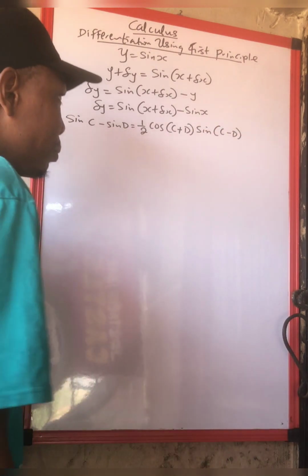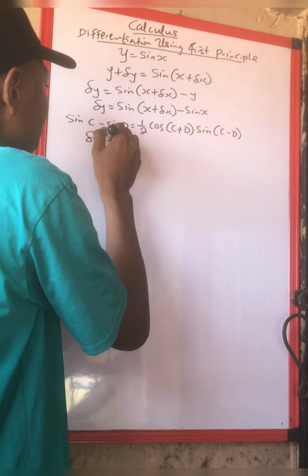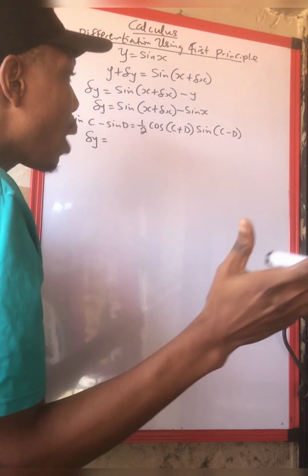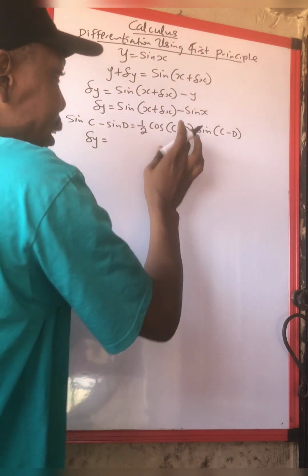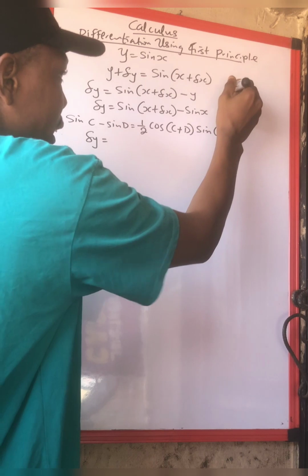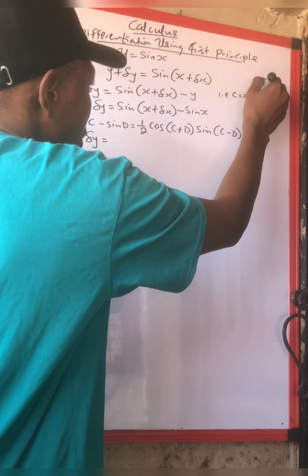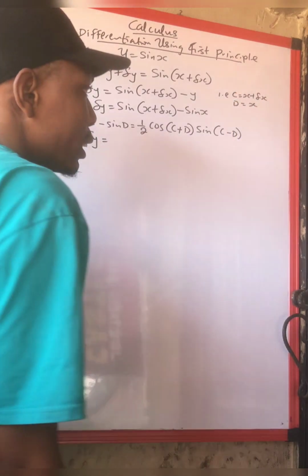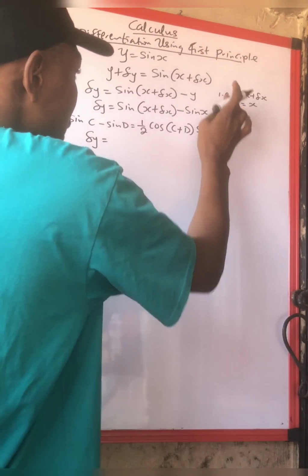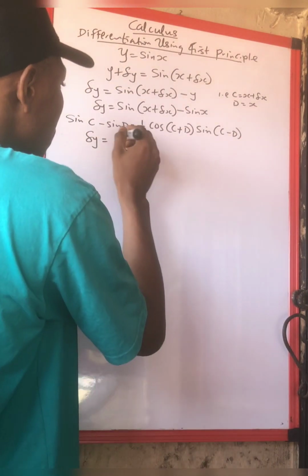Now this time around, our c is representing x plus change in x, while our d is representing x. So substitute these values into this expression.